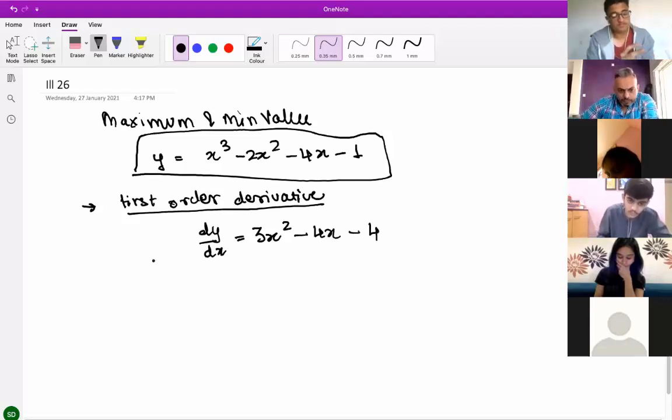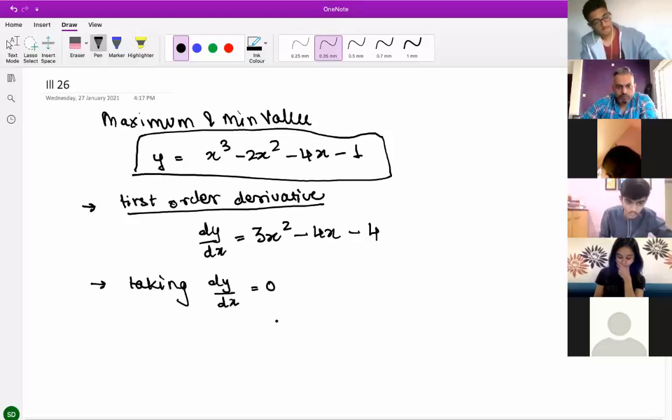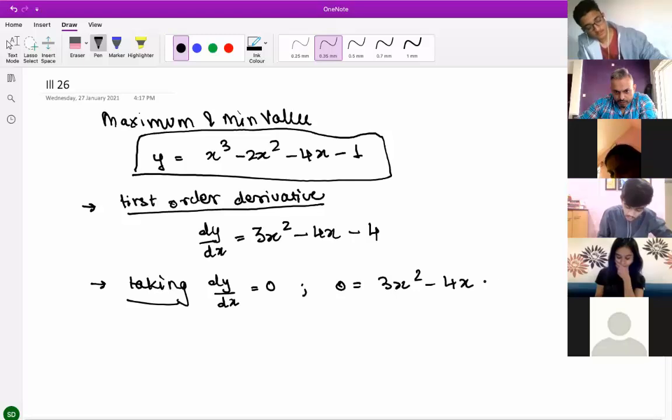Now, second step is taking dy upon dx is equal to 0. So 0 is equal to 3x square minus 4x minus 4. Now 4 3s are 12 and you want 4 over here.